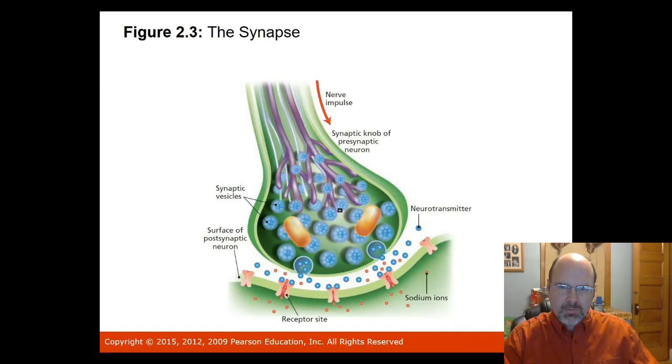Here's a picture that shows the synaptic vesicles that are released with the nerve impulse, and the surface of the postsynaptic neuron, which has receptor sites that will accept certain vesicles and reject others.